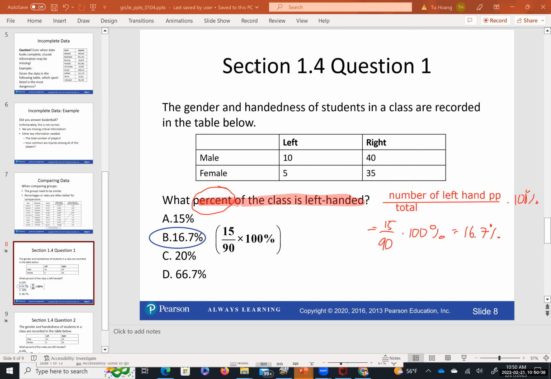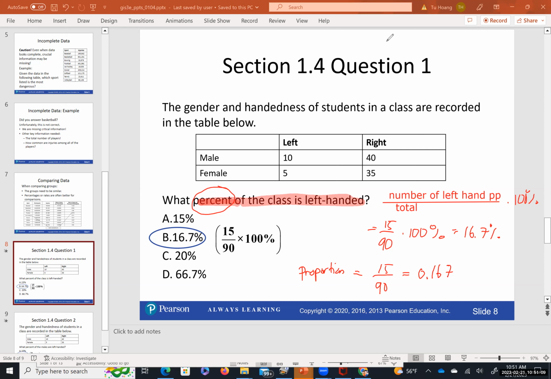So for example, if they ask for a proportion, then you don't multiply by 100%. We're going to do just 15 out of 90, and that's going to be 0.1667, something like that. All right. So that is for finding the percent of the class that is left-handed.